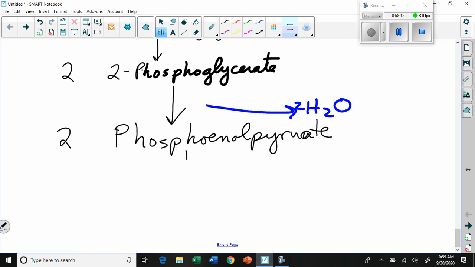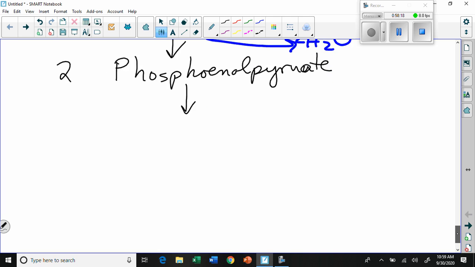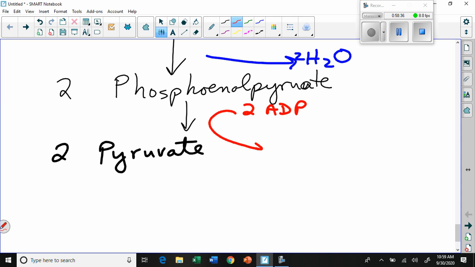Then we have the last step, which would be producing 2 pyruvates. Two pyruvate molecules, and in order, at this step, the change here, we have to go like this and do 2 ADP, zip in, zip out, 2 ATP are utilized to remove that.